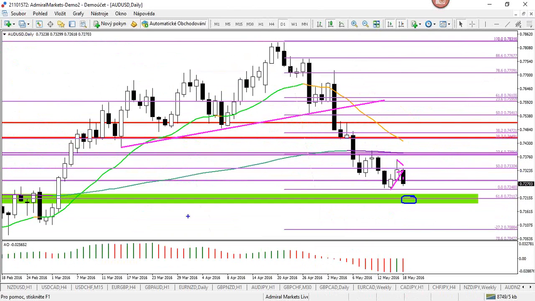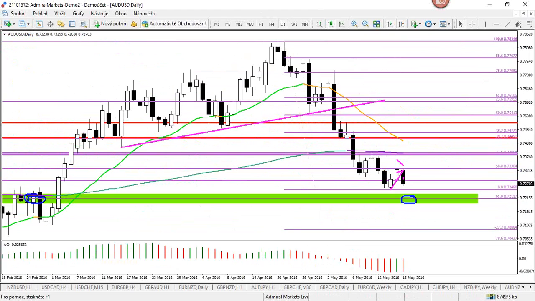And I was already talking about the 61.8 fib and these tops. So I like to use tops and bottoms like this, strong levels, fib levels too. And for intraday trading, I would definitely also look at pivot points.